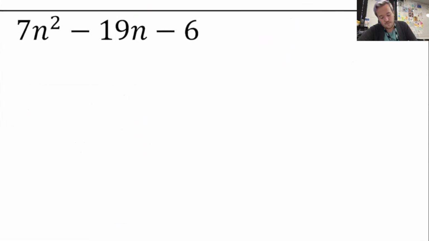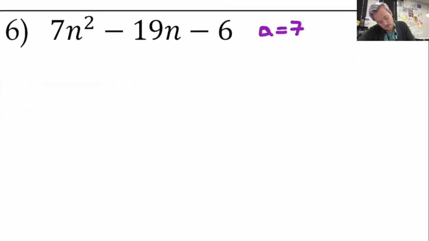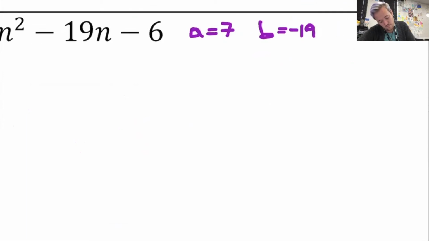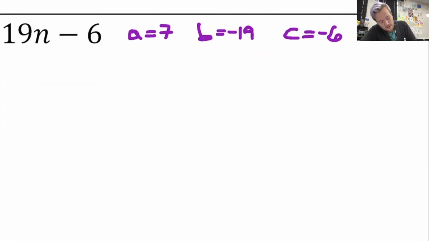All right, so for number 6, we have an a value of 7, a b value of negative 19, and a c value of negative 6. So we're going to do a times c.